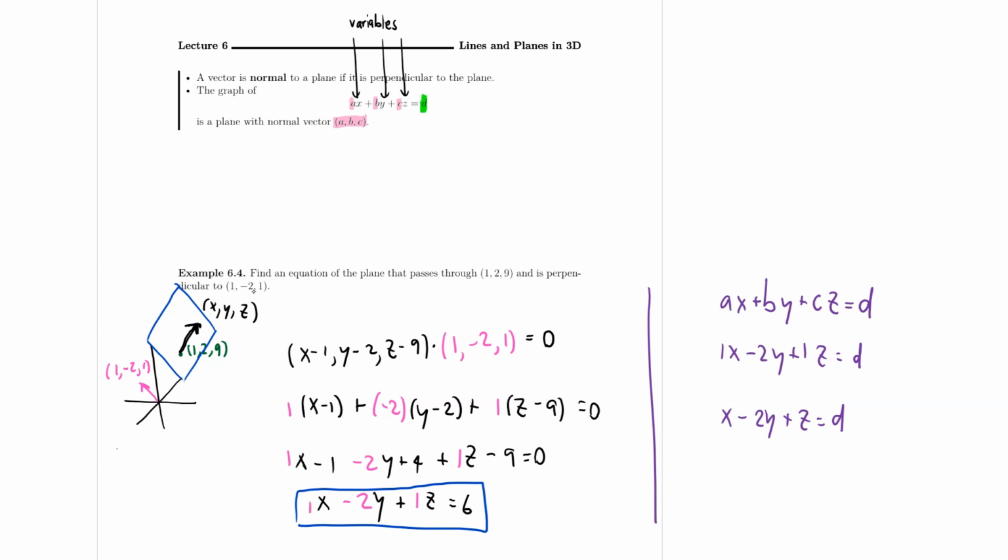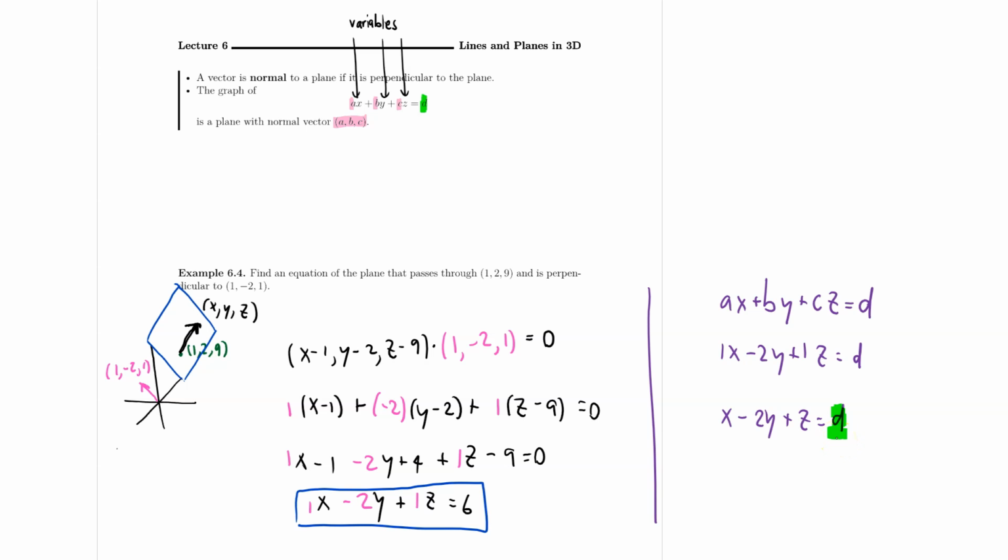So now I only have to find out what the value of this d is. Well, how do I find out what this d is? I knew that my plane has to pass through (1, 2, 9). So what that means is I can plug in 1 for x, 2 for y, and 9 for z to compute the value of d.